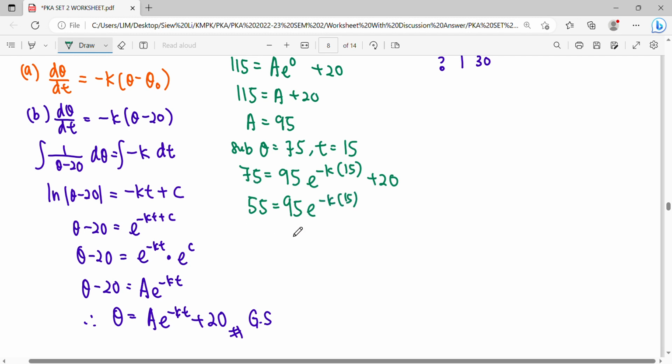Then we remove the coefficient, dividing by 95: 55 divided by 95, which is 11 over 19. When we move e back to the left-hand side, it becomes ln. So negative 15k equals ln of 11 over 19. Lastly, k is ln of 11 over 19 divided by negative 15.